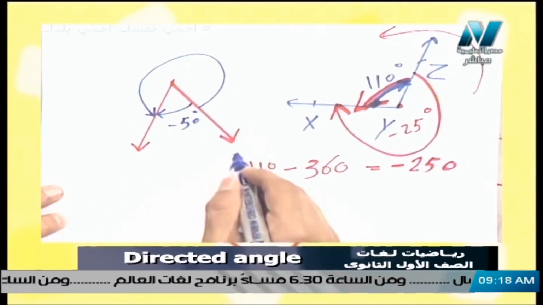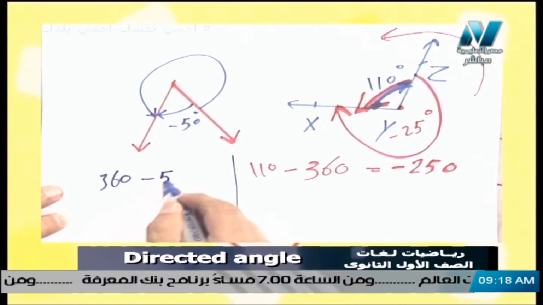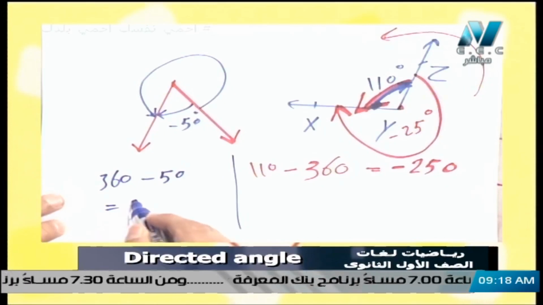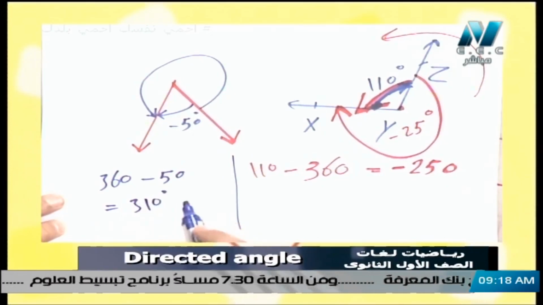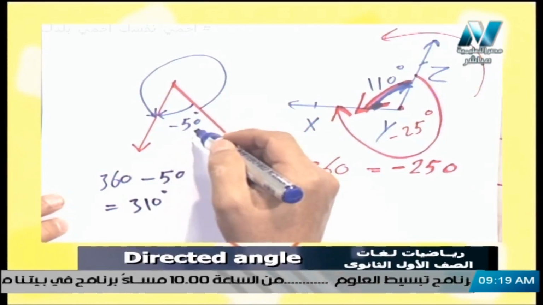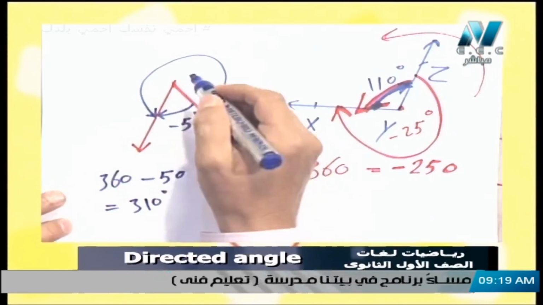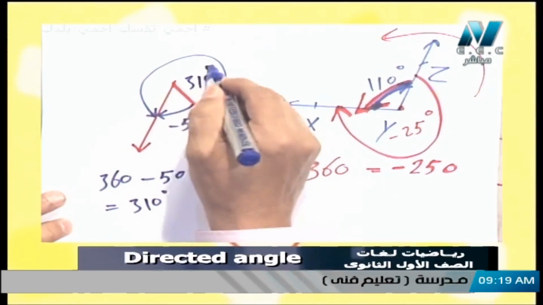So we put 360 minus 50, and the answer will be 310 degrees. So this is the angle negative 50 degrees. Its positive angle will be 310 degrees.